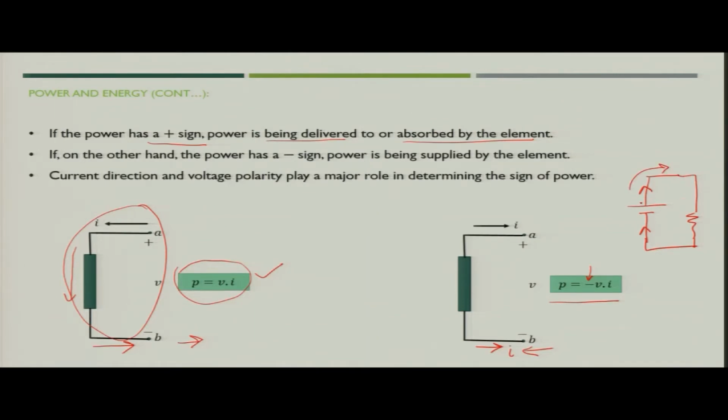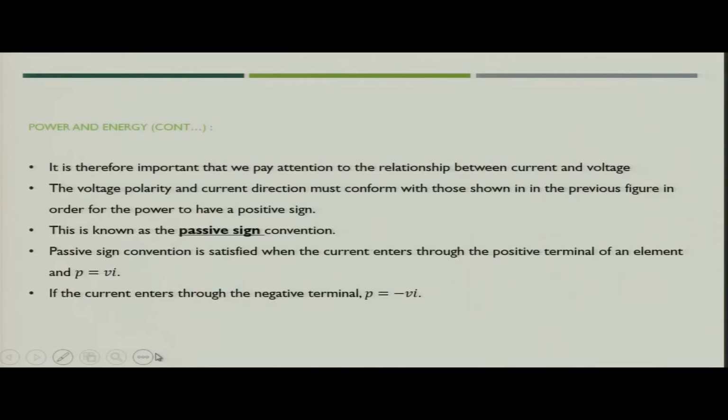It means that positive power is being supplied by the battery and positive power is being absorbed by the element. So, the sign convention is very important to understand, because if you make a mistake in representing the signs properly, you will make a mistake in calculating the value of power.